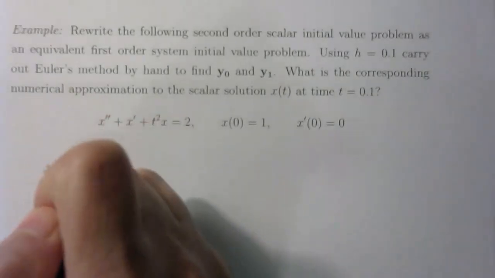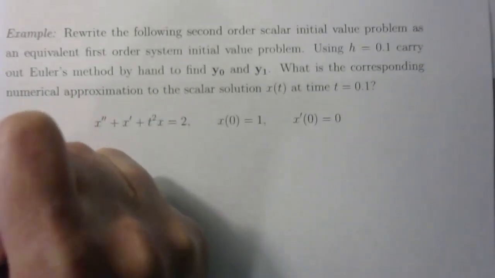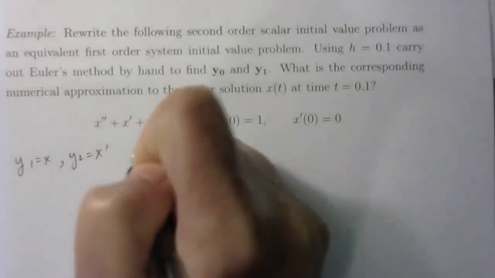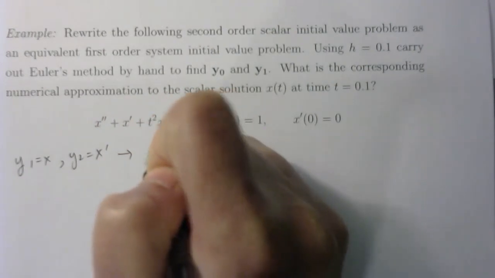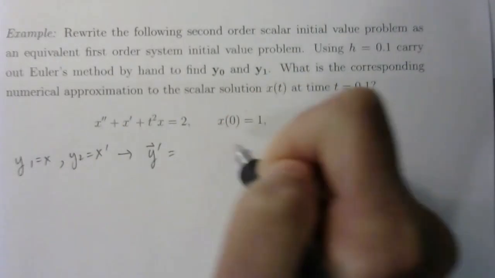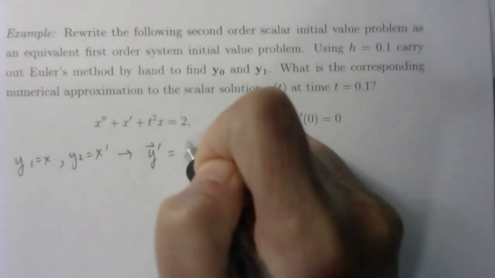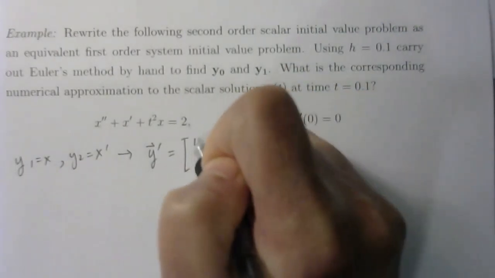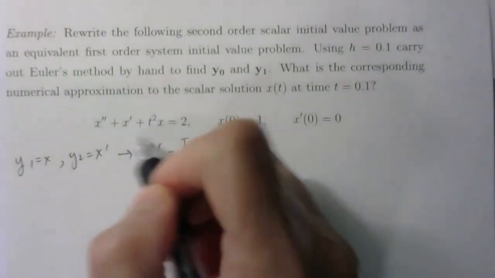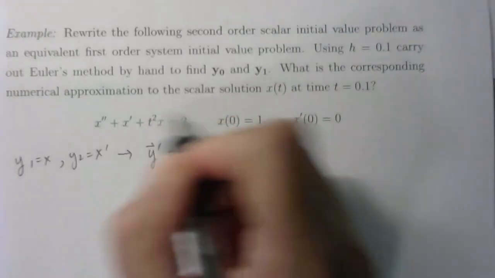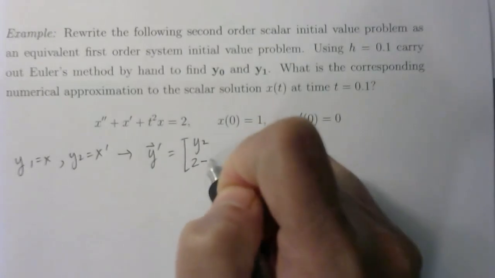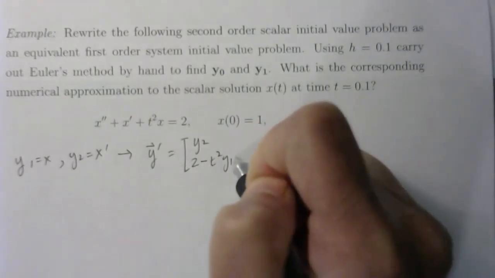As we know, having done this a bunch of times, I'm going to say that y1 is x and y2 is x prime. And so that means that the vectorial differential equation y prime is going to be y2, so y1 prime is y2, and y2 prime is all this junk moved to the right hand side except for x double prime. So 2 minus t squared y1 minus y2.